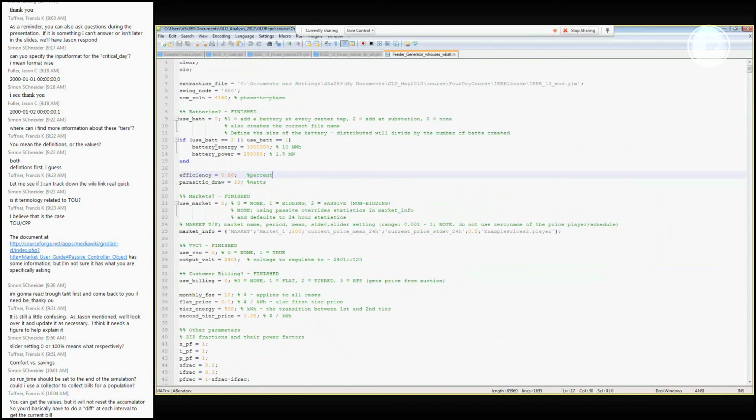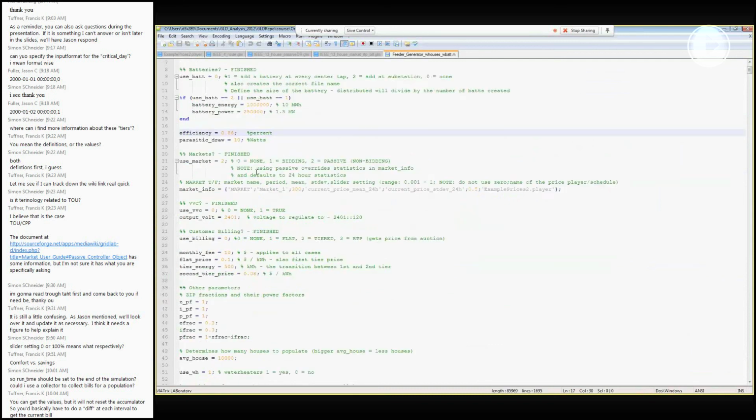Besides market, there are a number of other options, things like battery storage, centralized versus decentralized. But we can do things like activate markets. So you can use cases where there are no active markets, or you can do your base case bidding market or a non-bidding market.